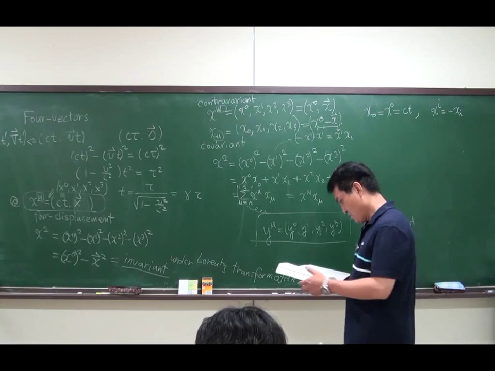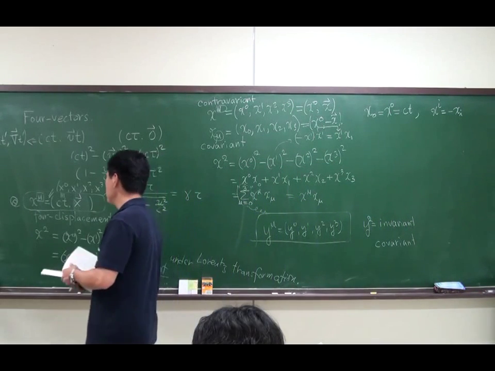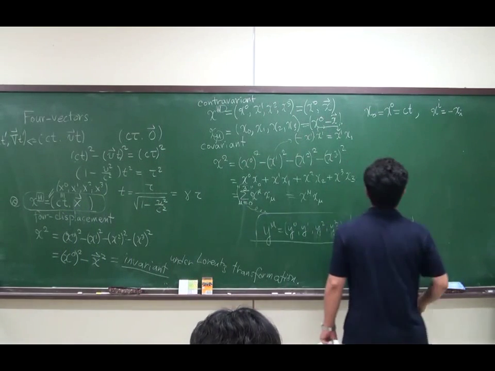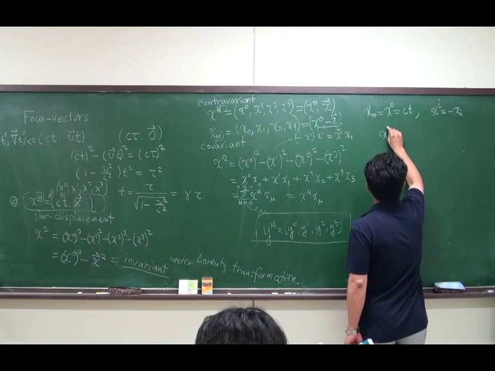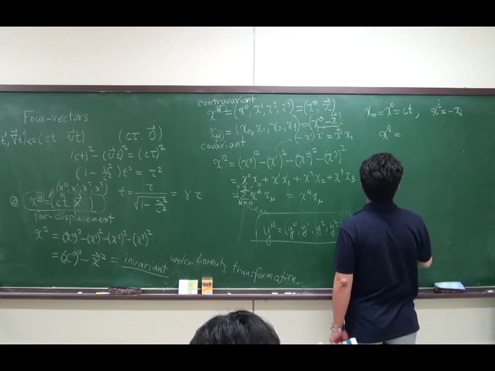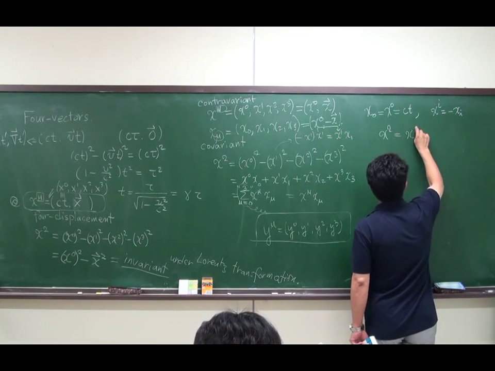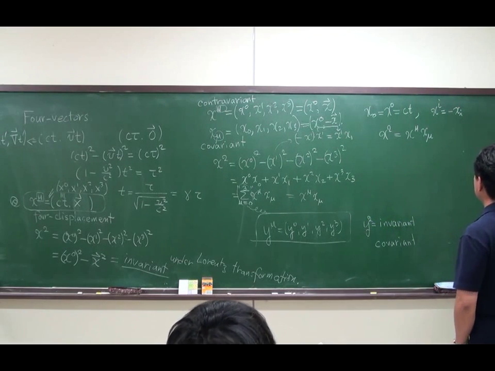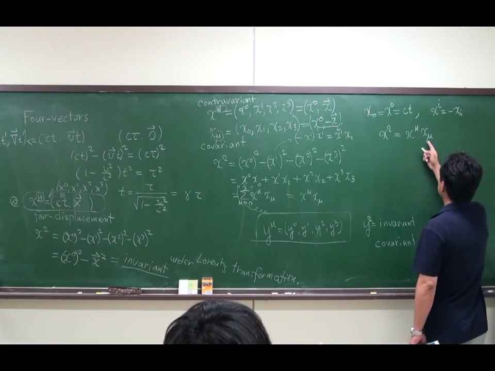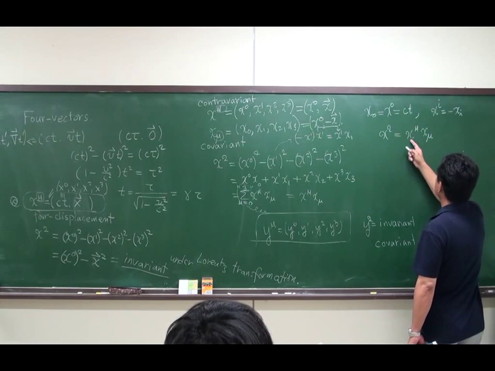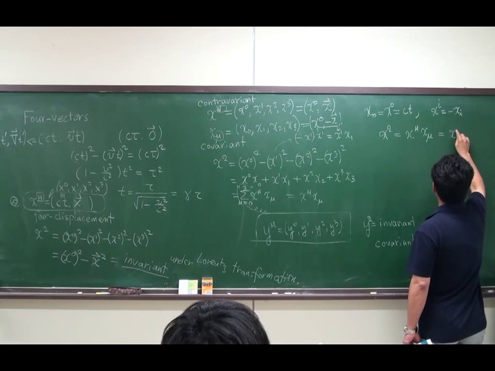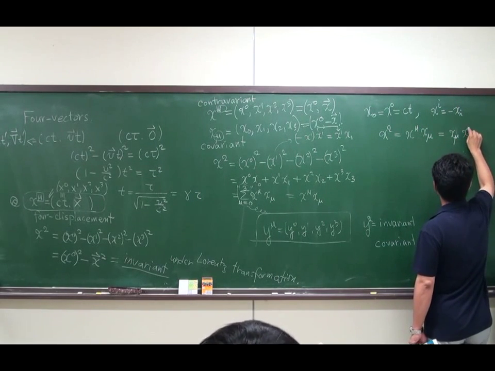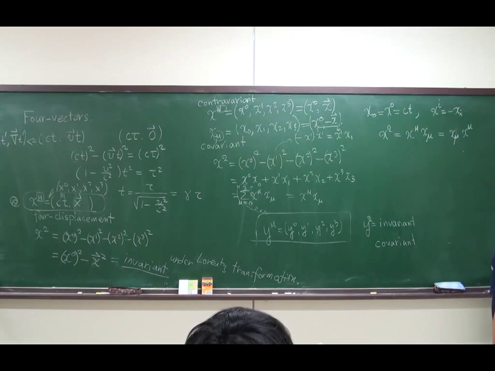Okay, now let us define the metric tensor. When we square a four-displacement, our first way of writing was x^μ x_μ. Because these are numbers, they commute, so it is possible to write it like that.